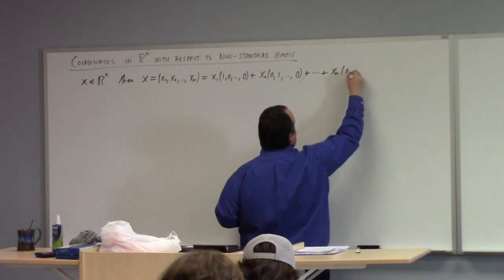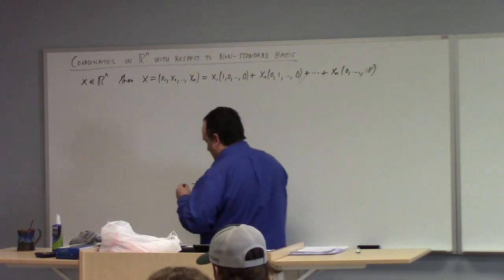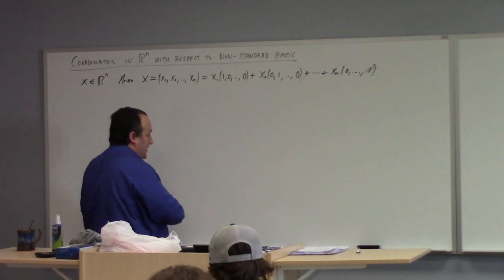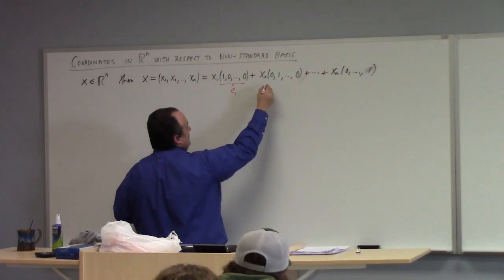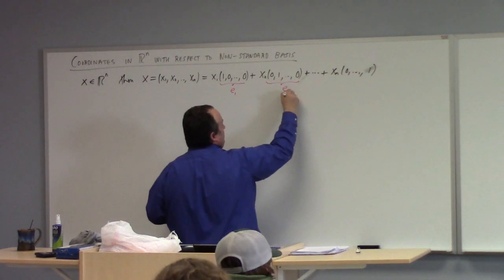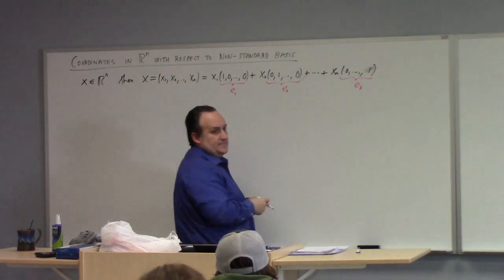Xn times 0 all the way out to 1. Now these vectors that I just wrote are the standard basis, right? This is E1, this is E2, this is E3, right?